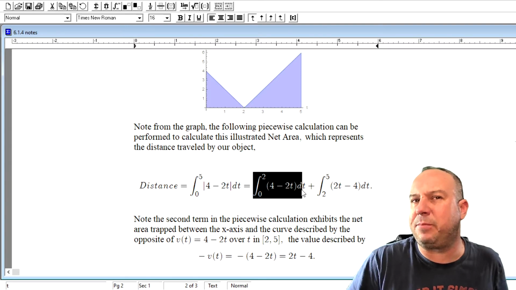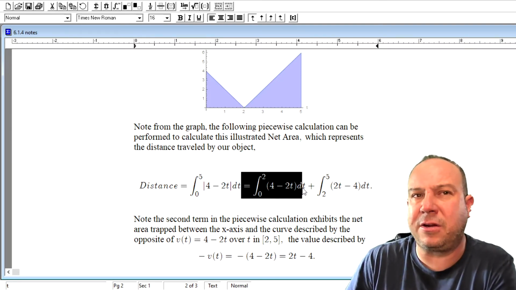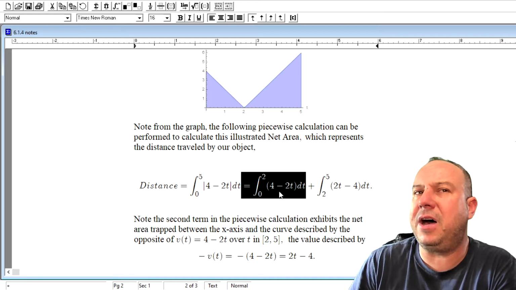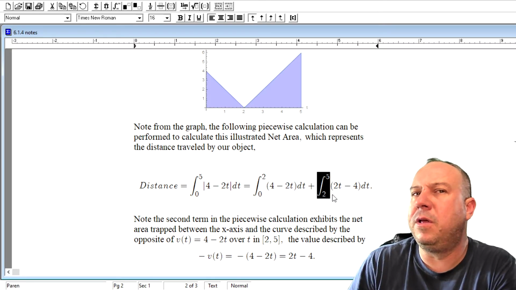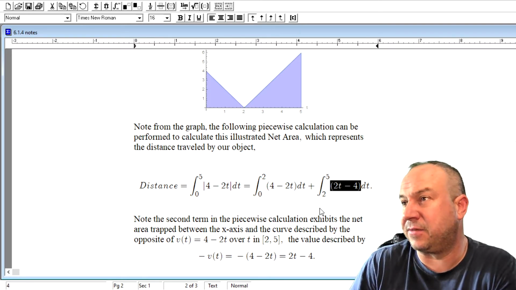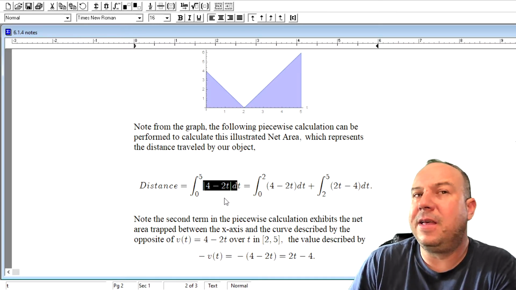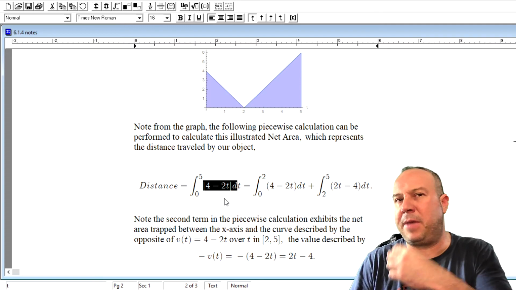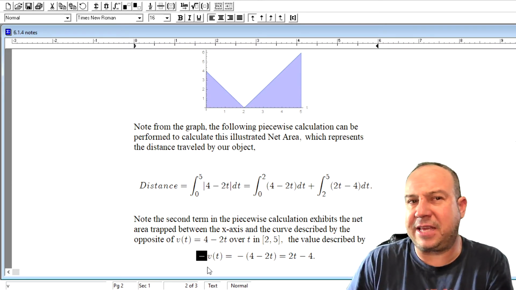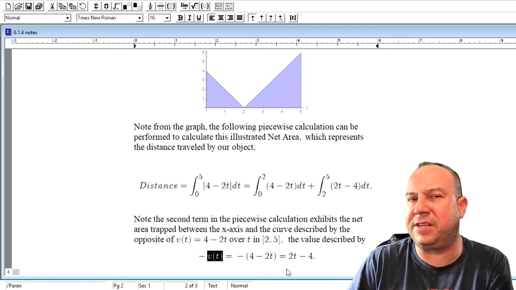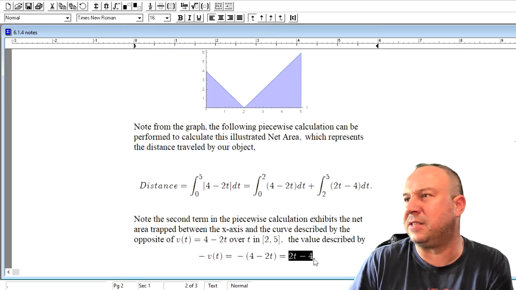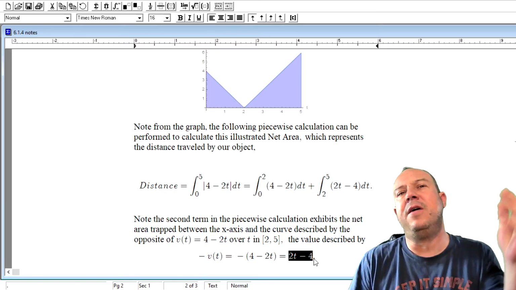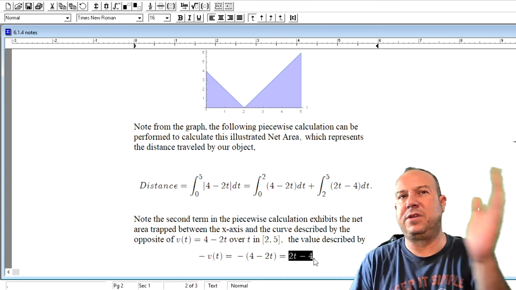And what we see in the piecewise calculation is you will have the integral over the regions that are above for your function v at t, plus the integral for the opposite of the regions that would fall below the x-axis for v at t. The absolute value is having us look at the opposite of those, taking the negatives and making them positive. It's taking the negative of those negative v at t's and giving us back the positive result, 2t minus 4, for values of t from 2 to 5.